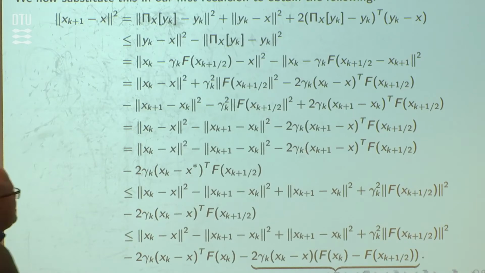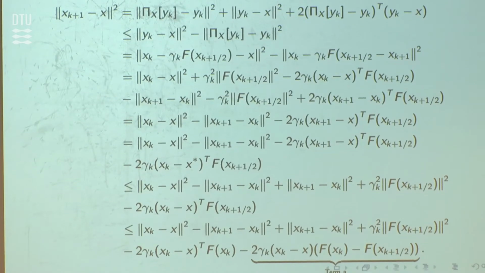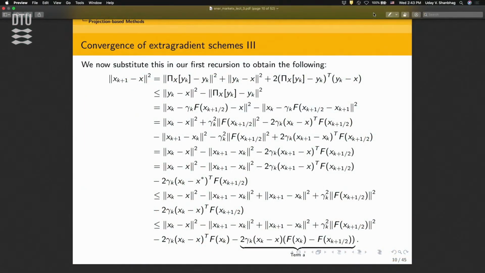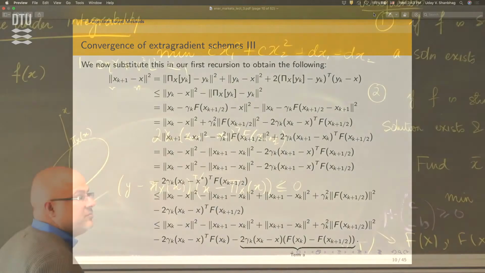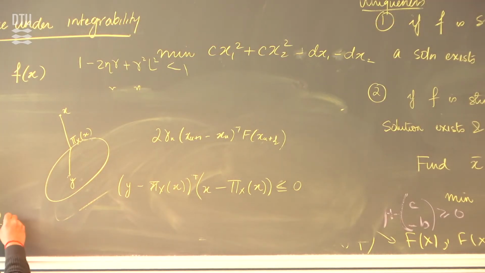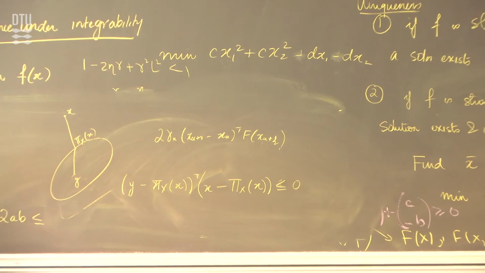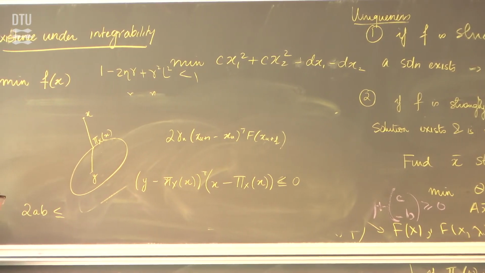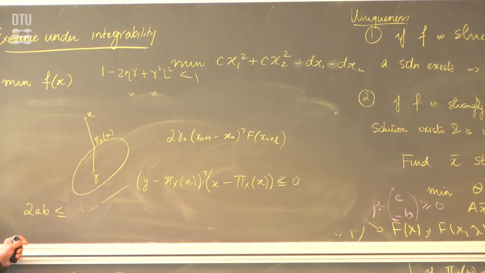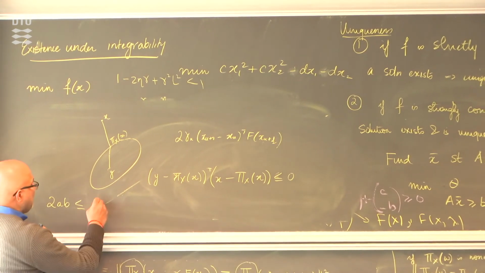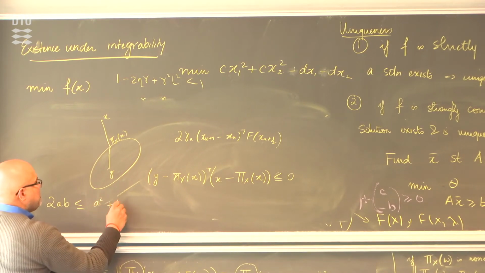Now let's look at this guy. When you have twice gamma k xk plus 1 minus xk transpose f of xk plus half, how do you expand that? What is the expansion for this 2ab? It's less than what? Anyone can think about what 2ab is less than? It's less than a squared plus b squared, right?